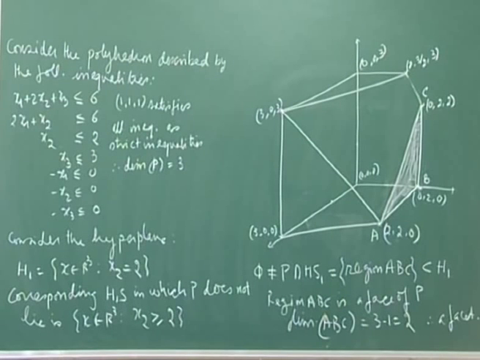So, I think this should give you a good idea about how to determine the dimensions of different faces of a polytope, and the important kinds of faces that we will be using when we want to give a geometrical picture of the simplex algorithm, which are the extreme points or the vertices and the facets, supporting hyperplanes.